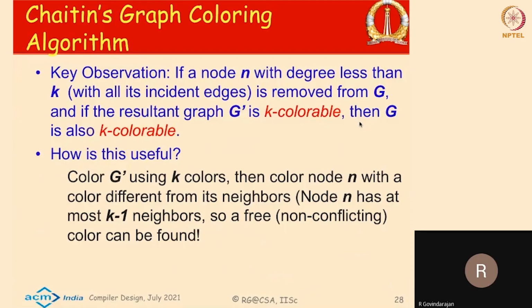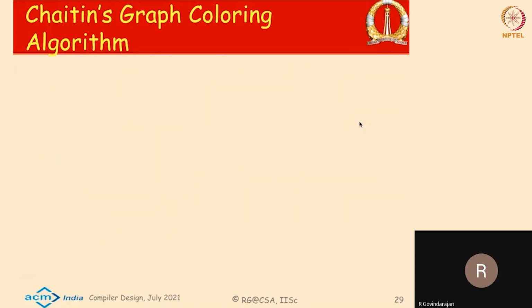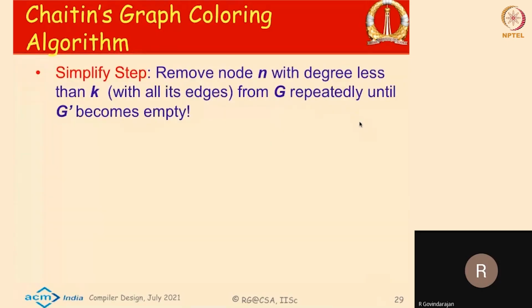And that is why you can color the entire graph using k colors. If the graph after removing the node n can be colored using k colors, that could use at most k minus 1 colors for the neighbors of the node n. Therefore, the node n can be given the kth color, and therefore you could color the graph. That's the idea there. It will become obvious when we do an example.